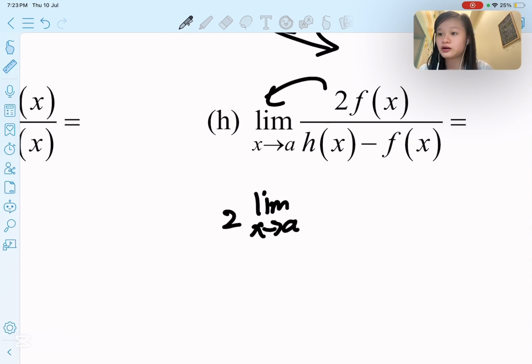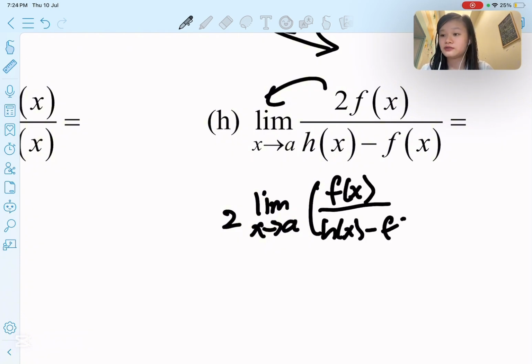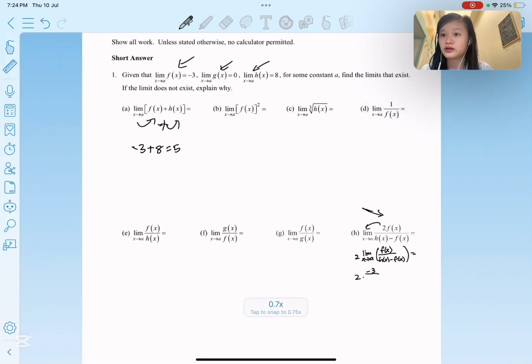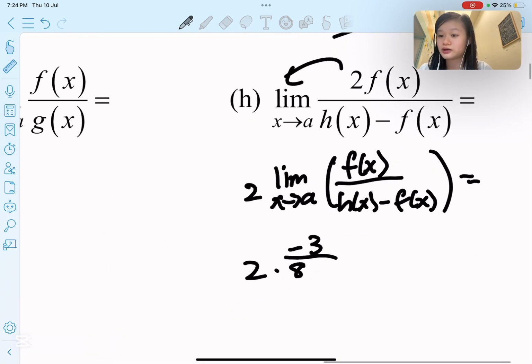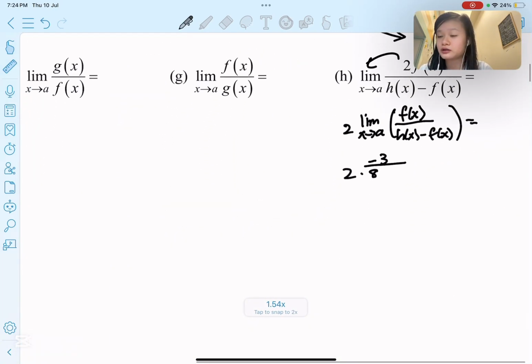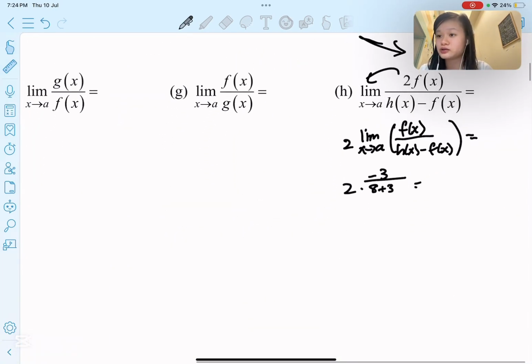The limit as x approaches a of f of x, h of x minus f of x is equal to 2 times the limit of -3 over h of x, which is 8. Yes, 8 minus -3 is 11. So you have this. That's a big eraser. 8 minus -3, which is plus 3. So you have -6 over 11.